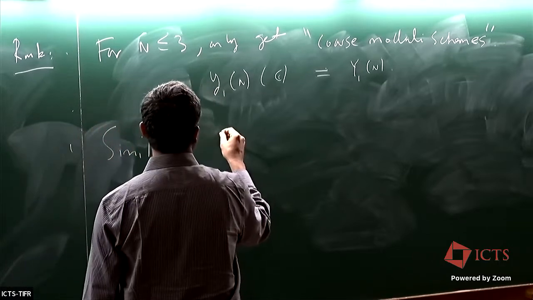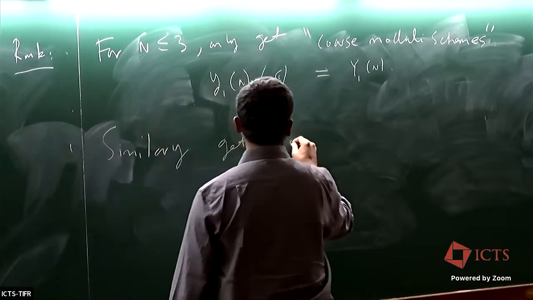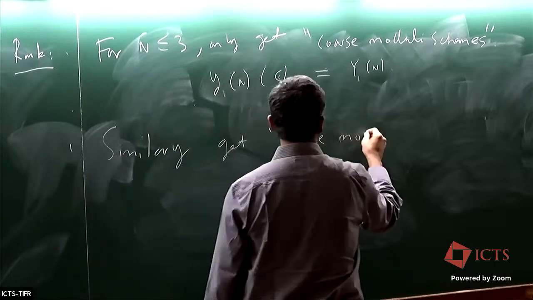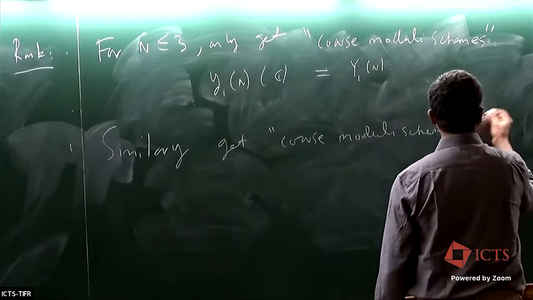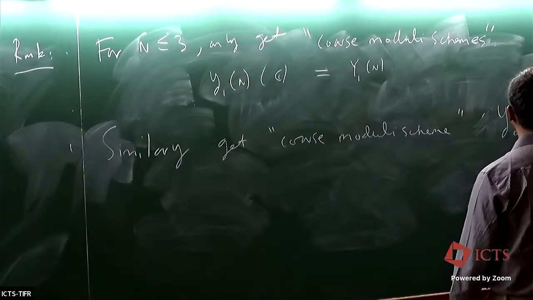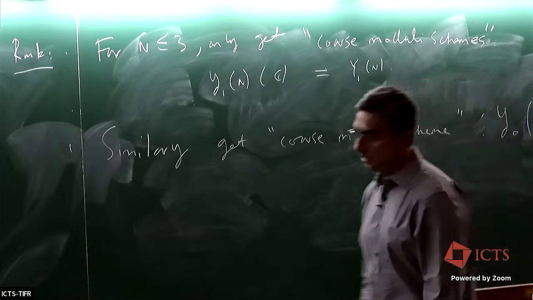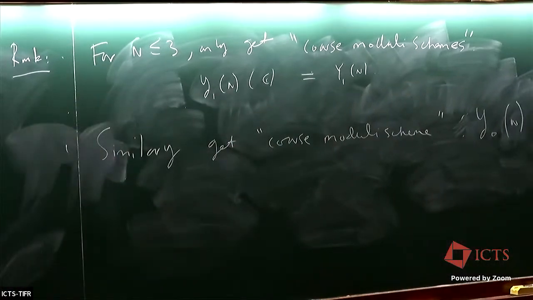Similarly, you get a coarse moduli scheme. This is for all N. Okay, but we don't need that much in the Q-expansion principle, just a remark for us for now.